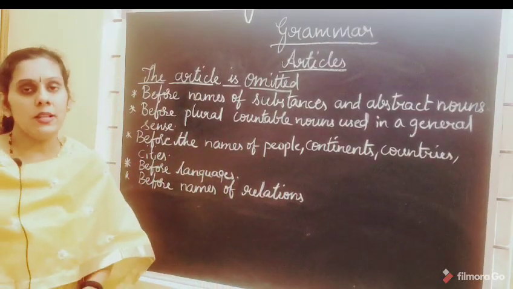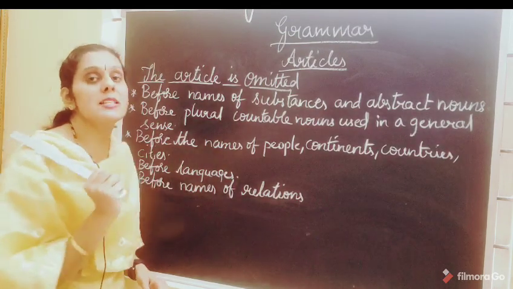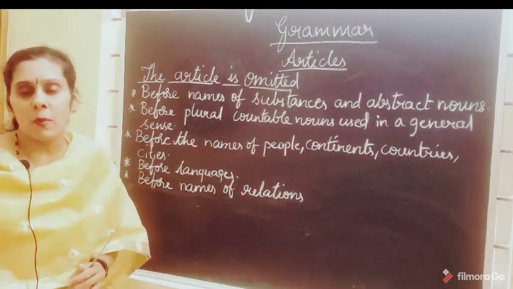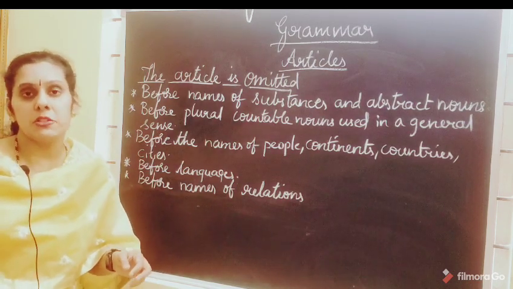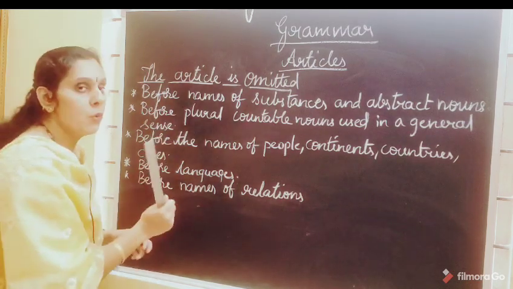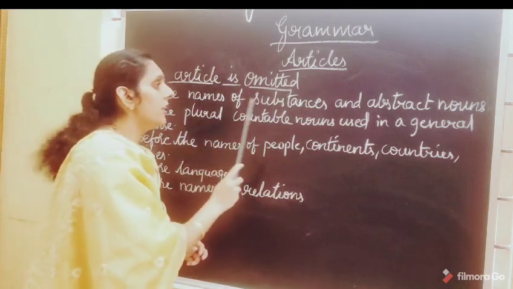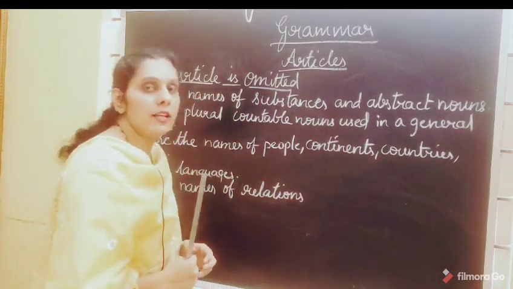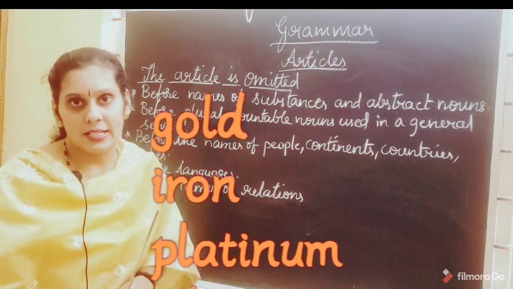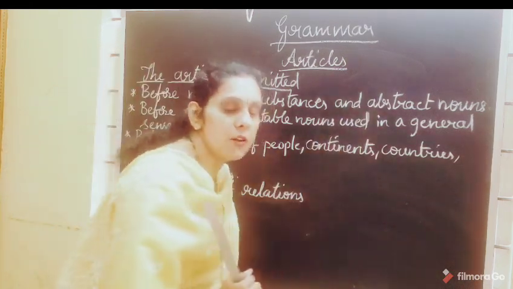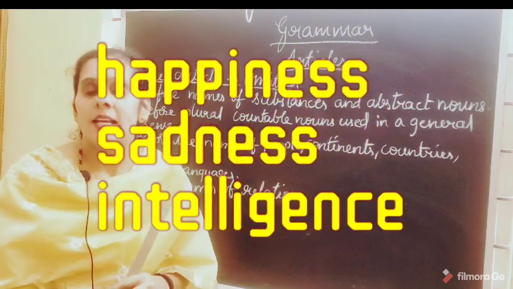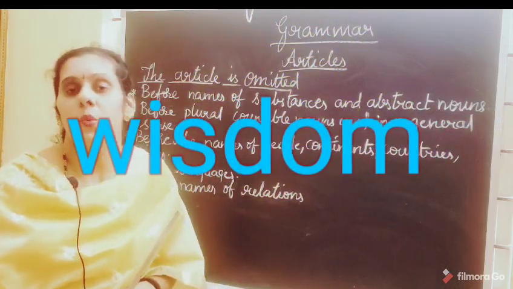Now let me tell you when the article is omitted, that is, when we are not going to use any article. We won't use any article before names of substances like gold, iron, platinum, silver, diamond, and abstract nouns like happiness, sadness, intelligence, wisdom.